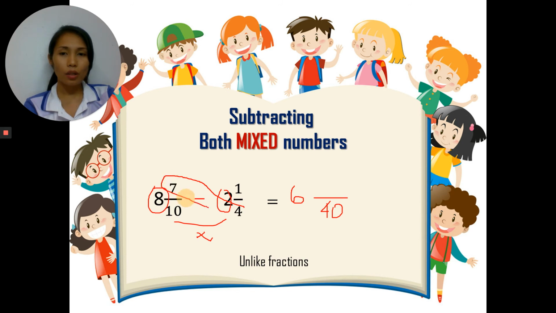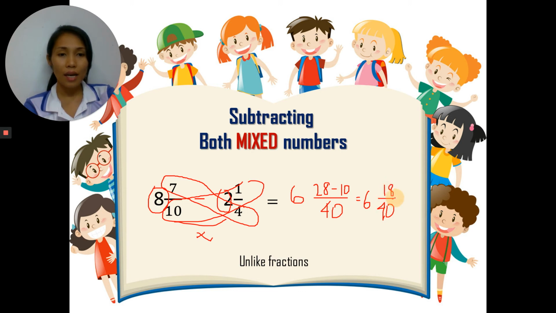Now let's start with 7 times 4 is 28. Minus 1 times 10 is 10. Now the answer is 6, and copy the denominator, 4. 28 minus 10 is 18.